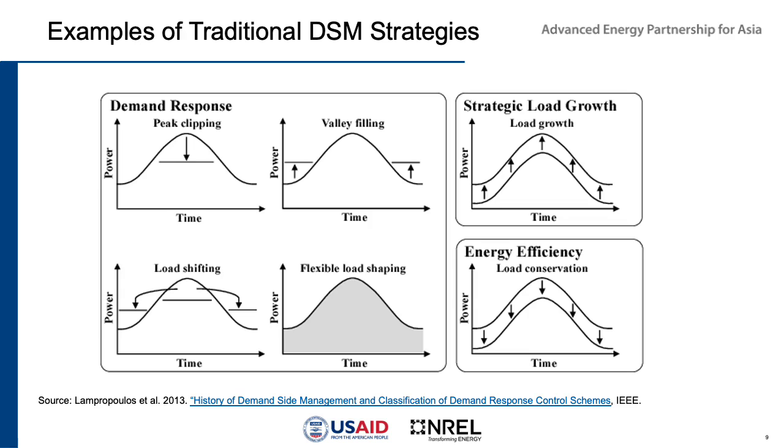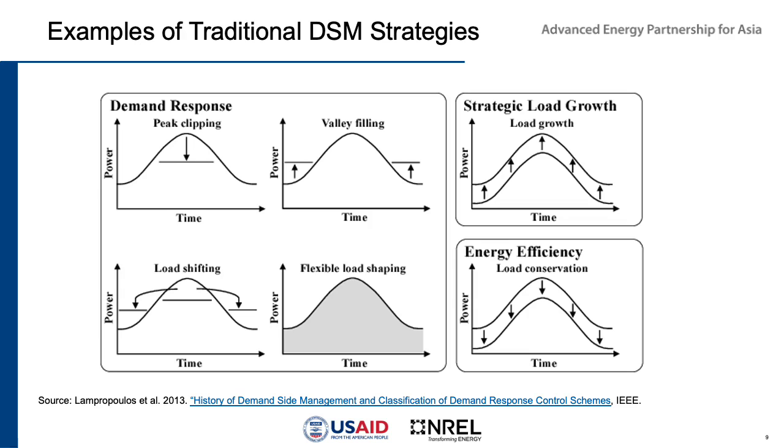Also, energy efficiency, the load conservation strategy is simply to lower the load profile uniformly throughout the day so that not only is peak load reduced, but overall demand for electricity is also reduced.